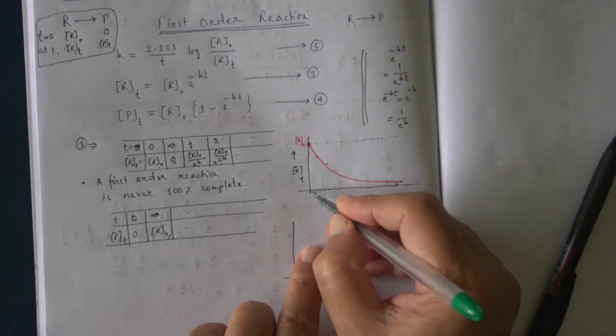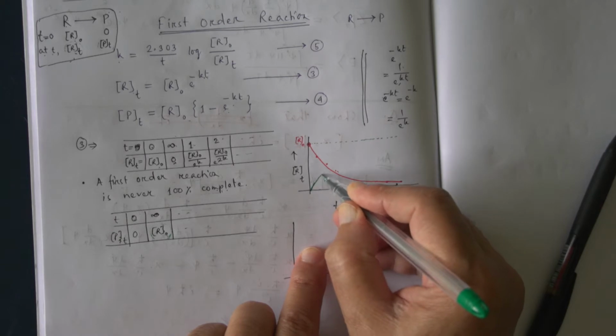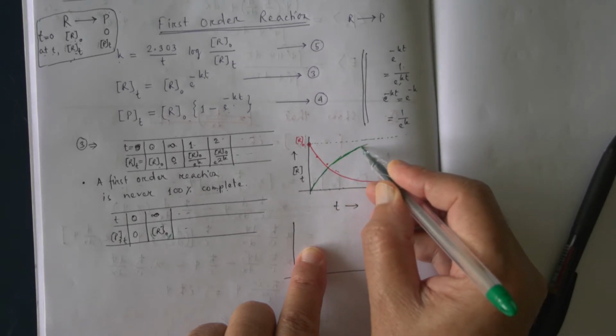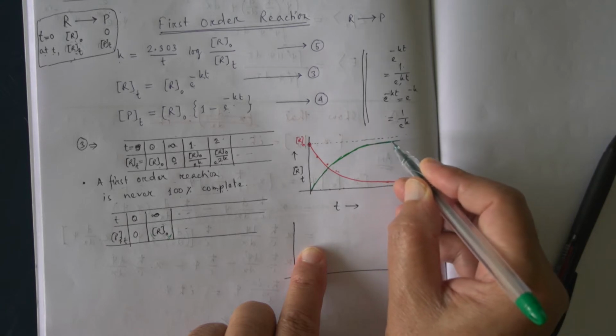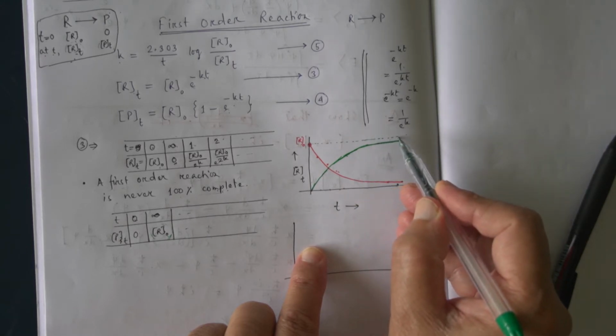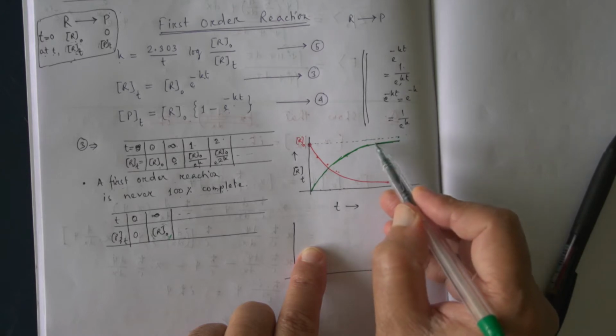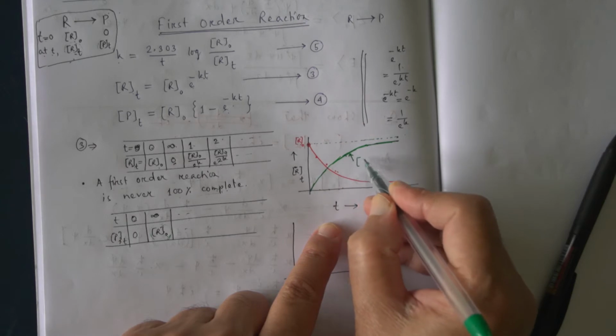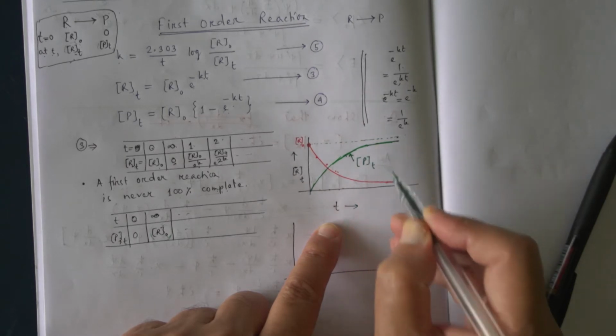Now the graph will be like this, and this graph will not touch this line. This is for the concentration of the product.